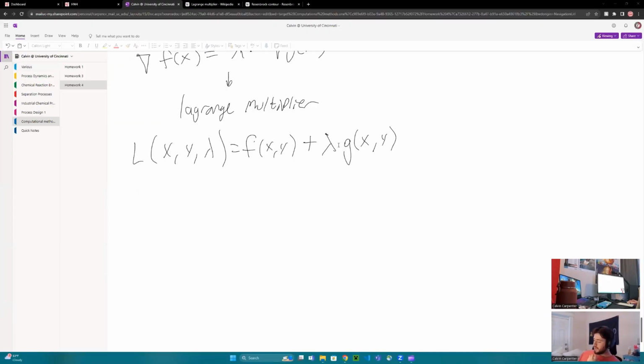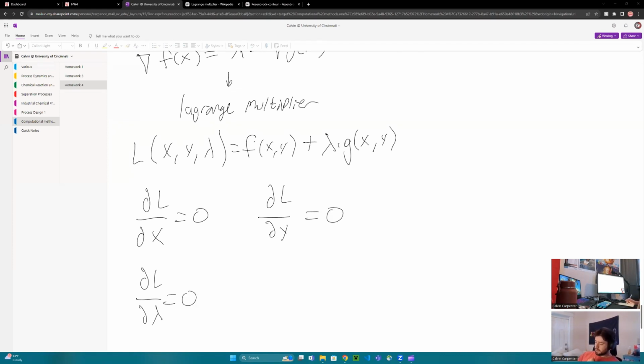Okay, so now if we take the partial derivative of the Lagrangian in terms of each variable, so x, y, and the multiplier, say these are 0.